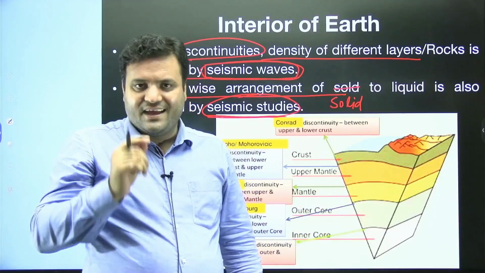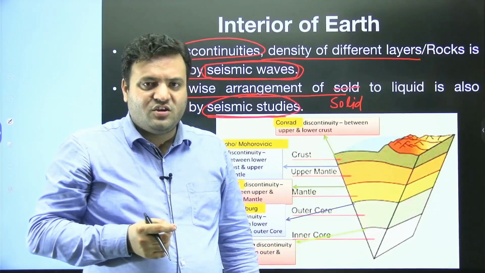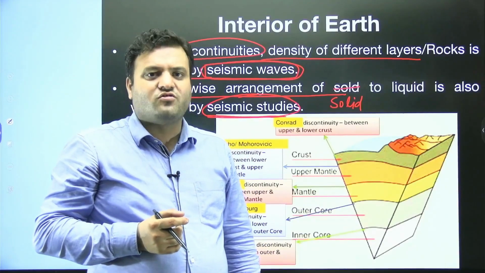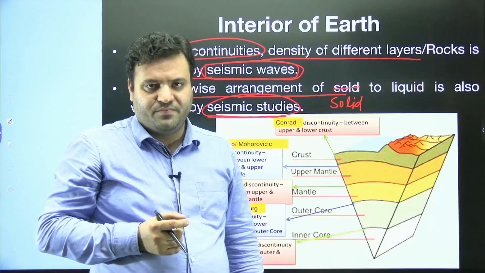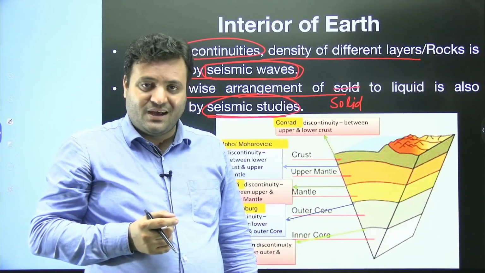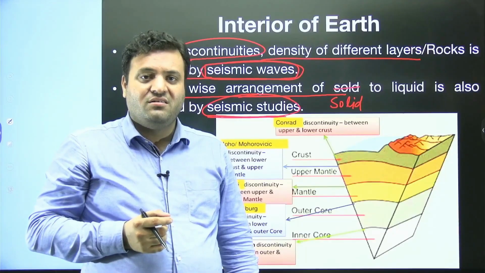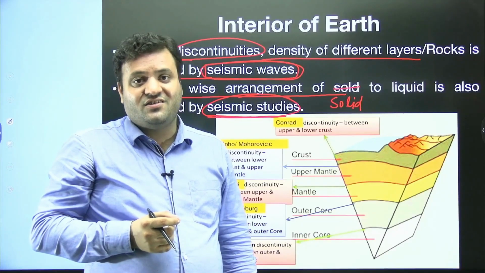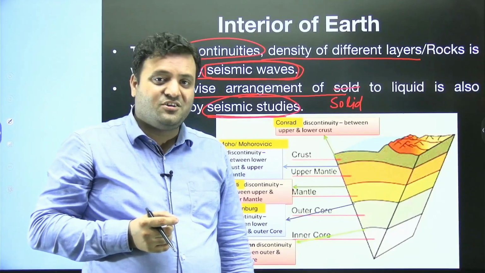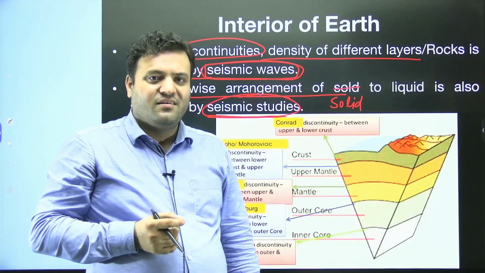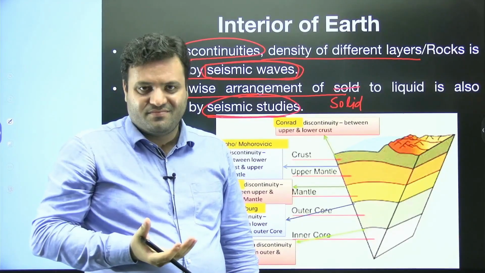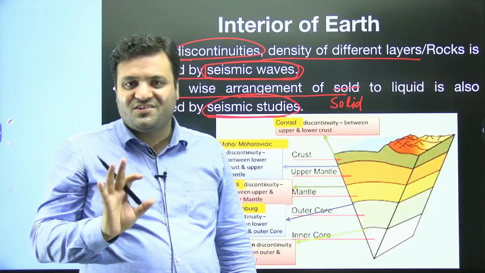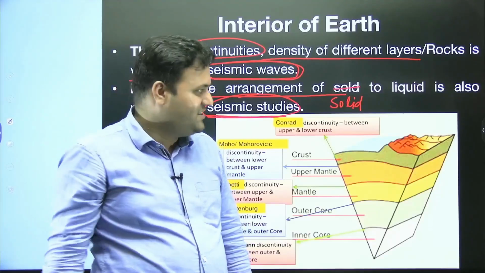So apart from asthenosphere and outer core, the rest of the layers are pure solid, whereas asthenosphere is plastic and outer core is purely liquid. It means that our earth structure ranges from solid to plastic to liquid. So unevenness is there. There is no even distribution, there is an uneven distribution.